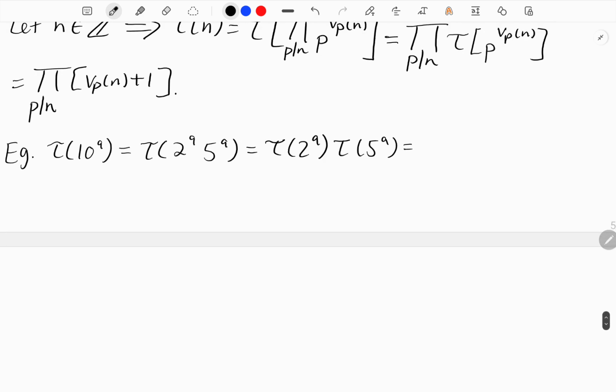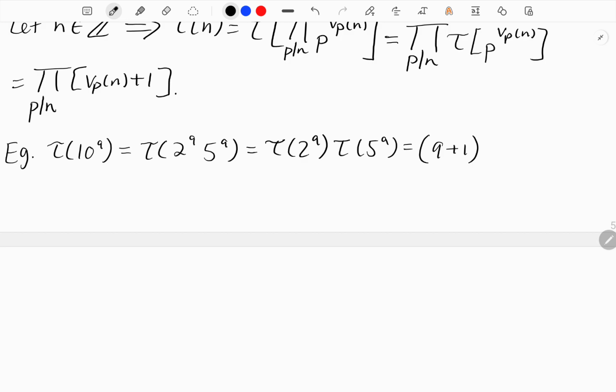Okay, so tau of 2 to the power of 9 is simply, if n here is 2 to the power of 9, well, the only prime that divides 2 to the power of 9 is 2, right? So we have the valuation sub 2 of 2 to the power of 9, which is 9, plus 1.